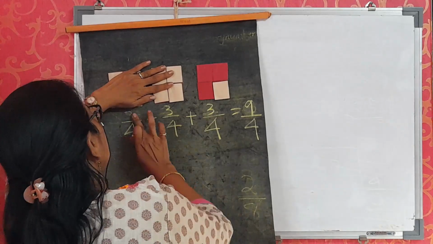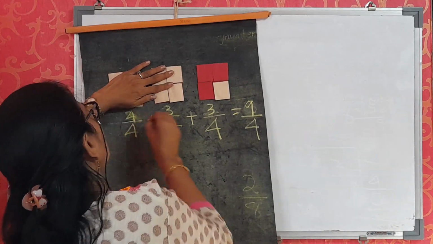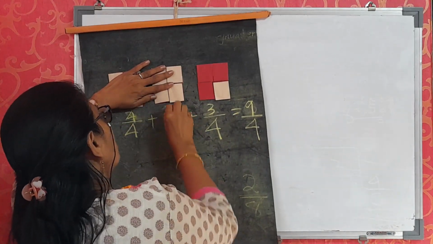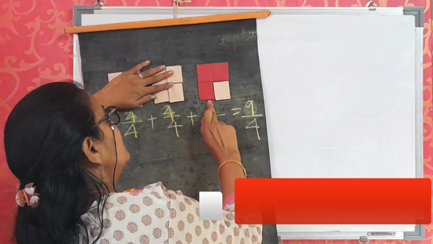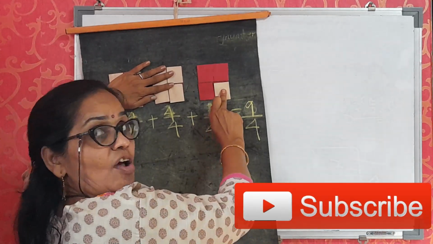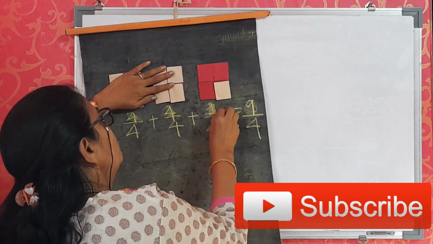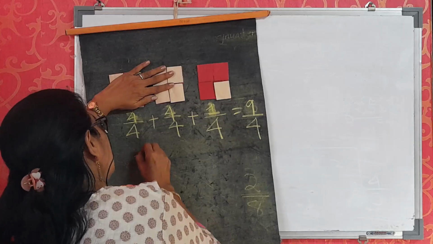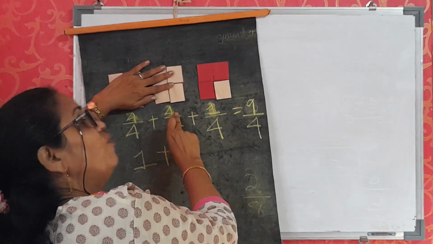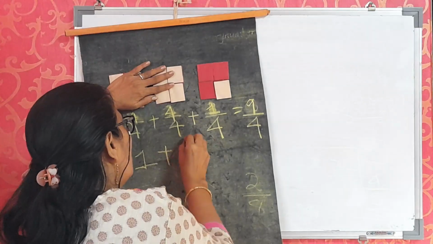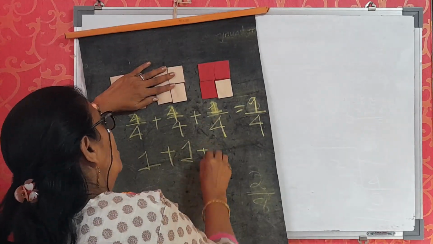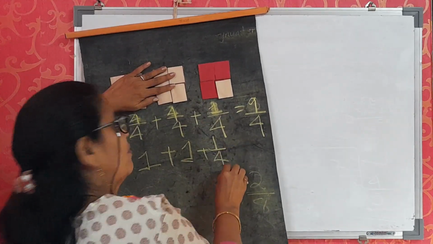That means these two are now 4 upon 4 plus 4 upon 4, and now this has become only 1 upon 4. So 4 upon 4 means one whole number, 4 upon 4 means one whole number, and this is only 1/4 fraction.